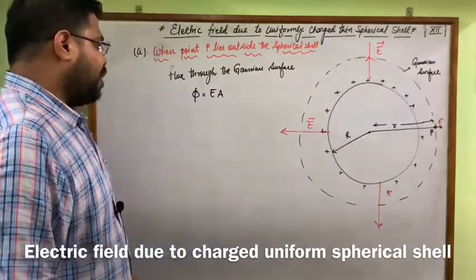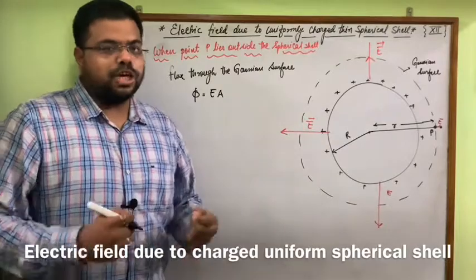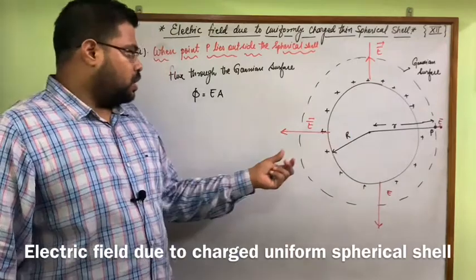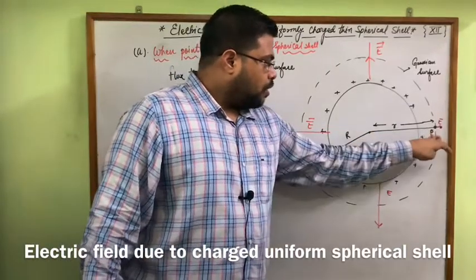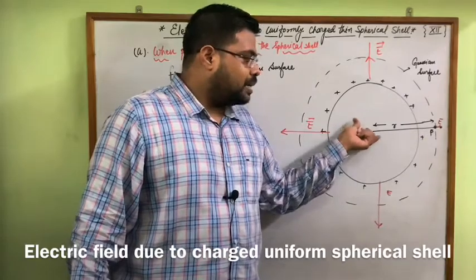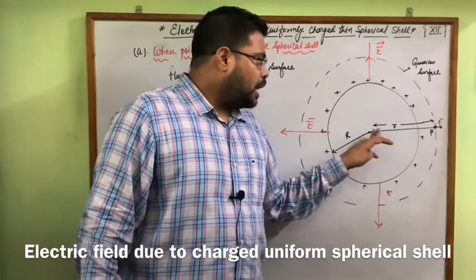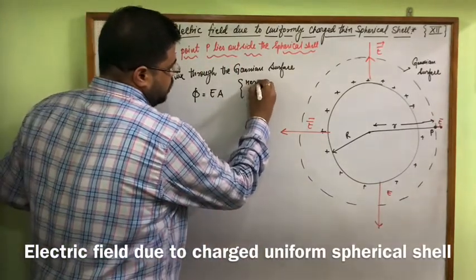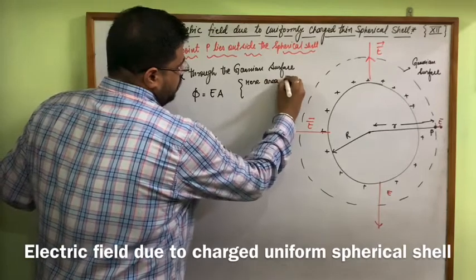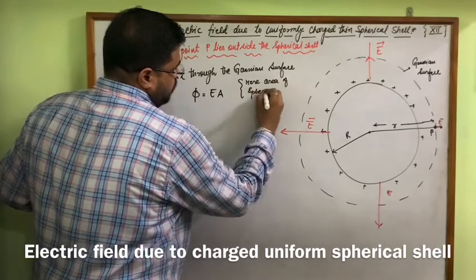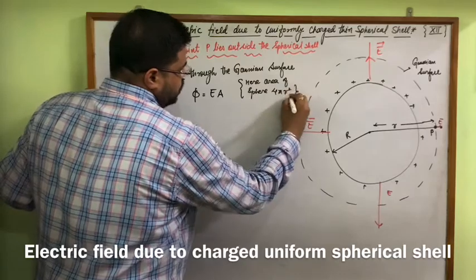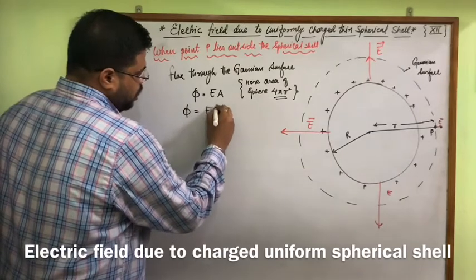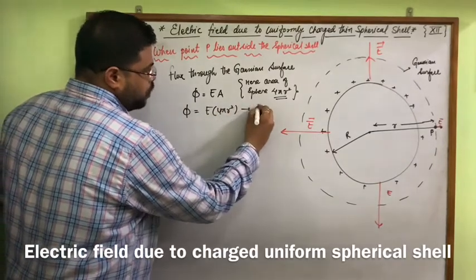For a sphere, the area is 4 pi r squared, and here for the Gaussian surface we calculate the electric field intensity at distance r from the center. So the area of the sphere is 4 pi small r squared. This is a very important point. So we can write phi equals E times 4 pi r squared. Call this equation number 1.